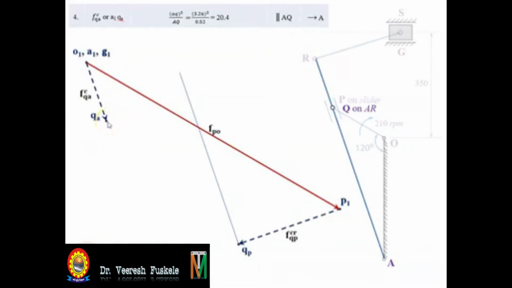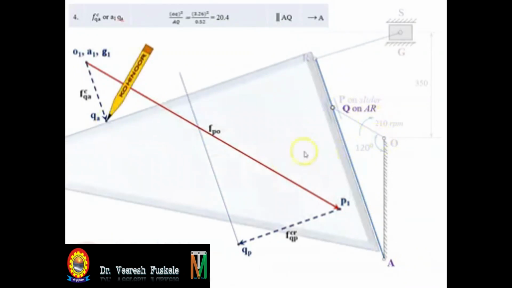From QA we will draw the tangential component of AQ that will be perpendicular to the length AQ. So we will take a set square, place one of the sides on AQ and another side should pass through the point QA, and we will draw the vector, the tangential component of Q relative to A as shown here.